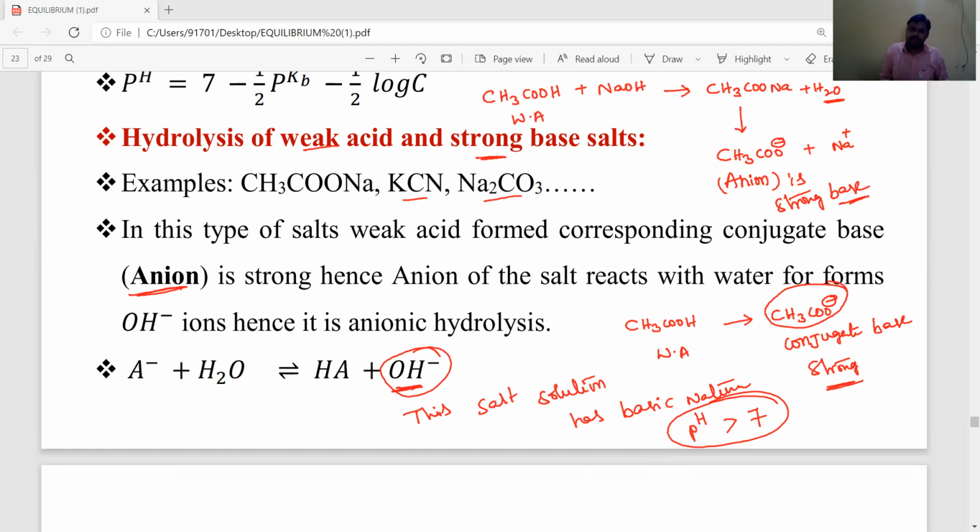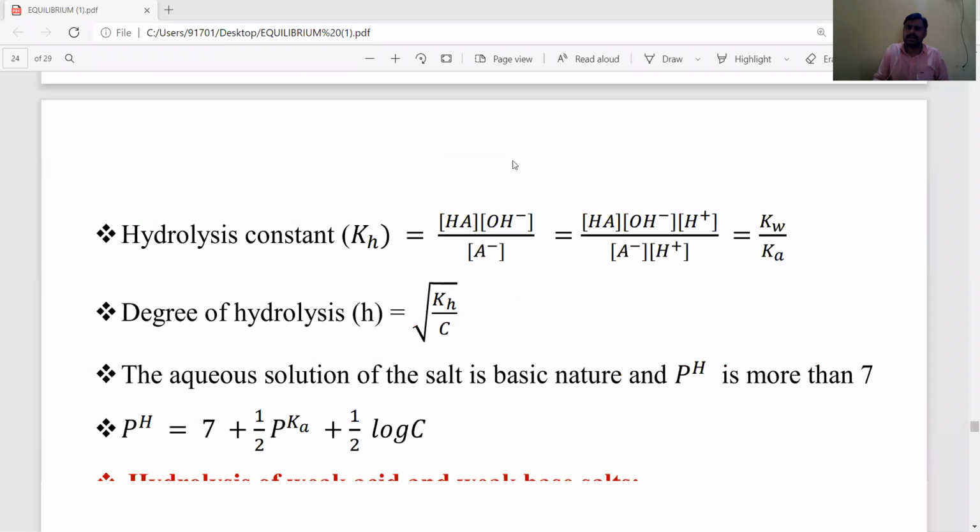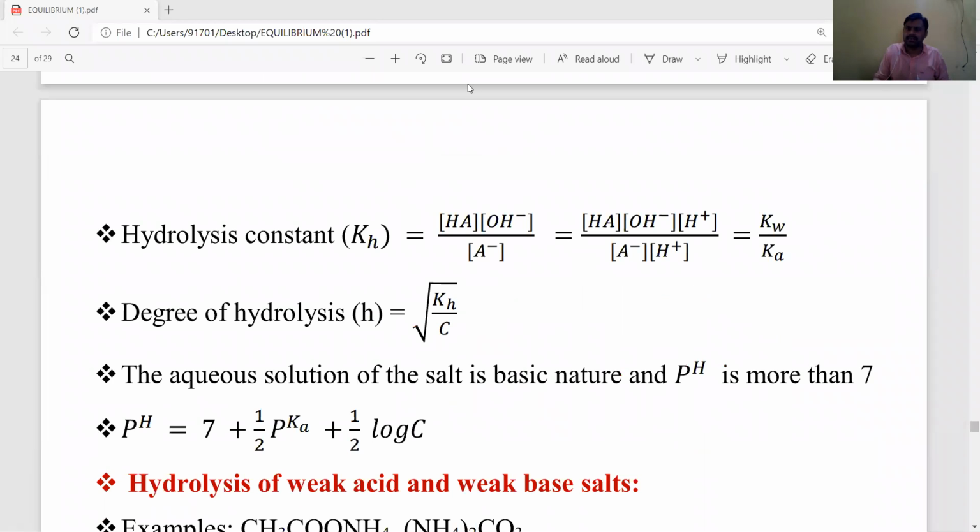So for this kind of salt, it undergoes anionic hydrolysis. Here, in place of the acetate ion, I am taking anion A minus in the general equation of anion hydrolysis. For this anion hydrolysis we have to derive the hydrolysis constant. Hydrolysis constant Kh is equal to, in the above reversible reaction, concentration of acid into concentration of OH minus ions by concentration of anion.